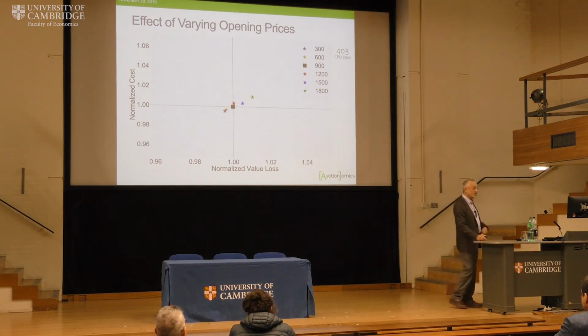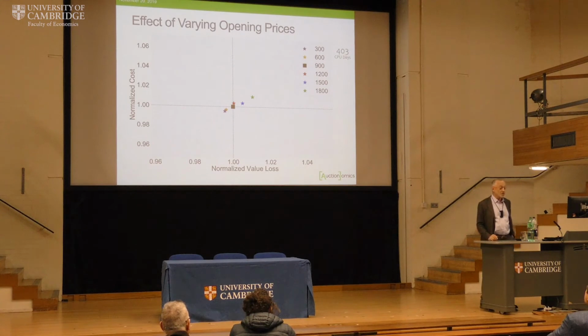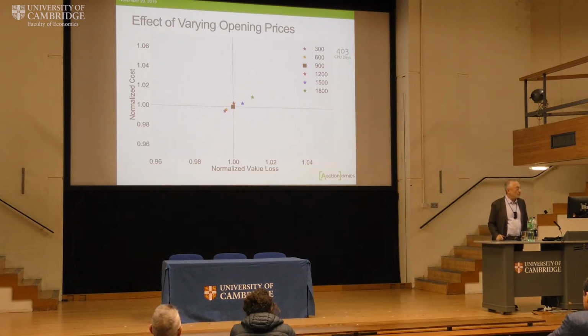The opening prices can be as high as you like, and they do not affect the outcome. The range of opening prices is 6 to 1, and the difference in efficiency and auction cost is on the order of 1%. You can set these opening prices as high as you want, and if that encourages more participation, God bless, then you're in good shape. But it doesn't have any effect on the running of the auction.